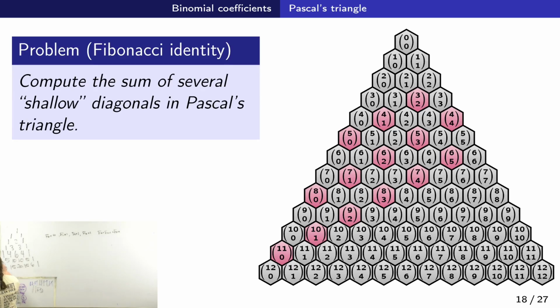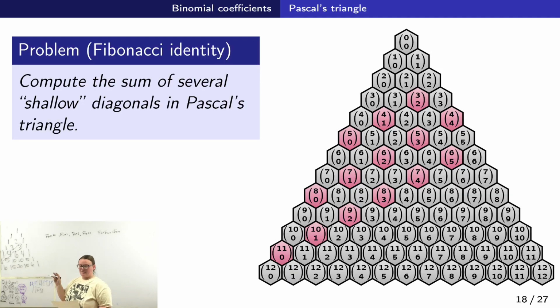This is 5 choose 0, right? And then 4 choose 1. 3 choose 2. I think I stop here. Is that right? There's only 3 of them. 5 choose 0, 4 choose 1, and 3 choose 2. So that's my shallow diagonal that we're going to start with for my example.